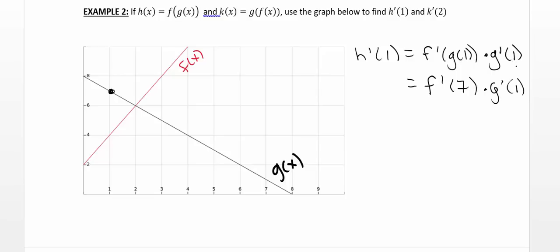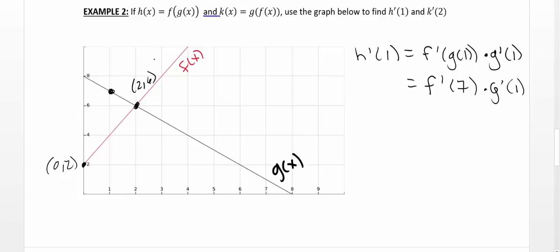So here, if I want to find the slope of f of x, I can pick 2 points. So here I'm going to pick the point 0, 2 and the point 2, 6.